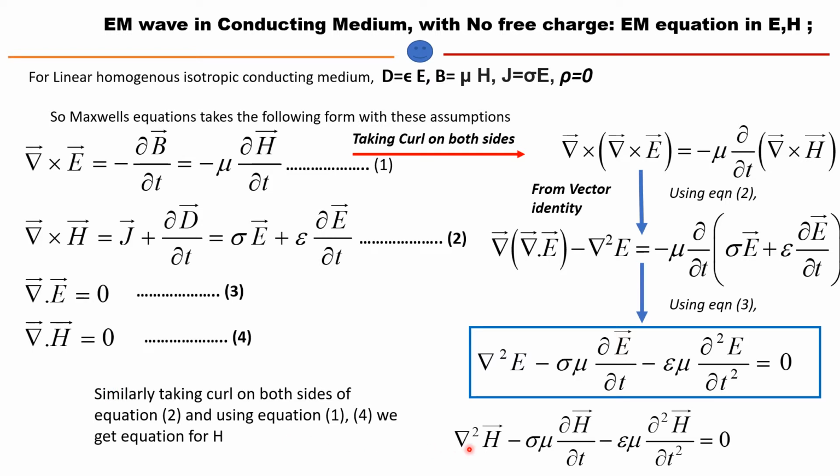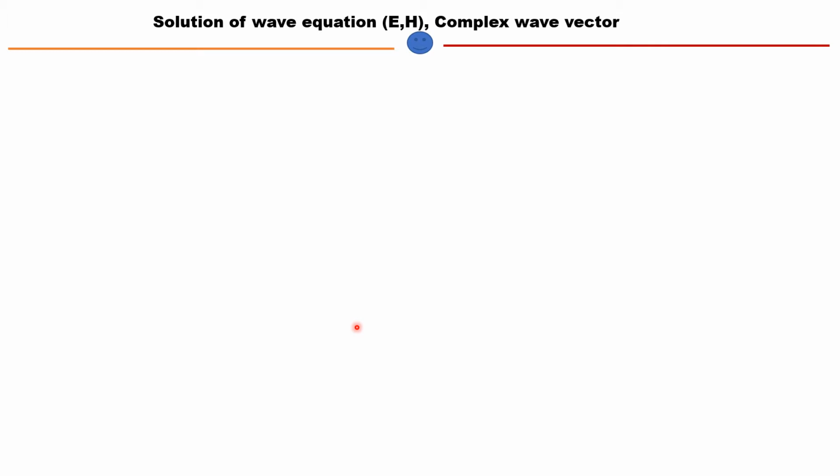It's my request to all students, please solve that equation for the magnetic field by your own hand so that you can have a grasp on it. Otherwise you will not get the feel of it. I will give the solutions of that wave equation.